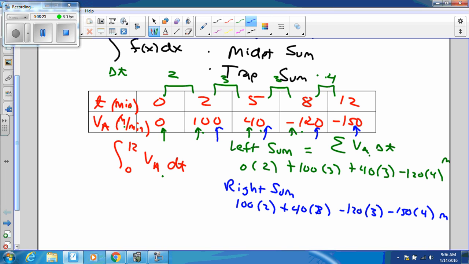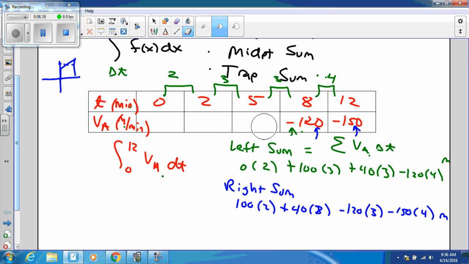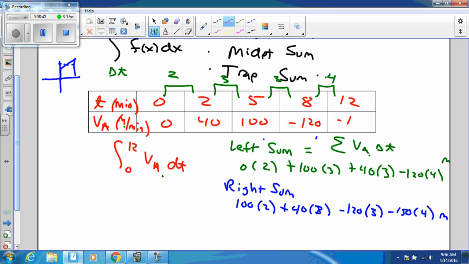For the trapezoidal sum, I need to do just a little more work because you remember that the area under a trapezoid is going to be average height times the width. And so for my trapezoidal sum, I'm actually going to have to come through and do the averaging. So I'm going to go through for my trapezoidal sum, and average each one of my v(t)s across the subinterval.